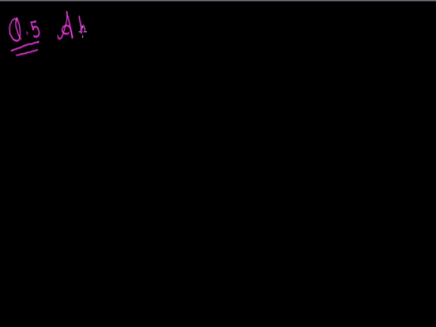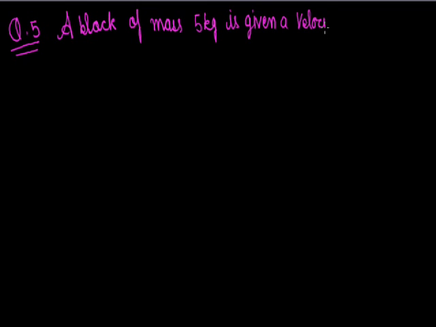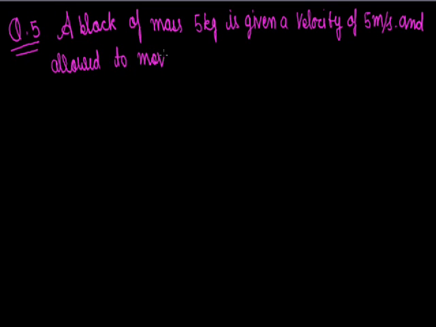A block of mass 5 kg is given a velocity of 5 meter per second and allowed to move on a rough horizontal surface.